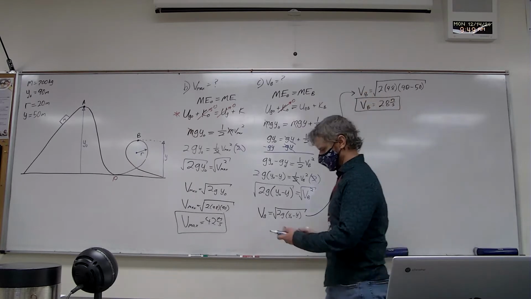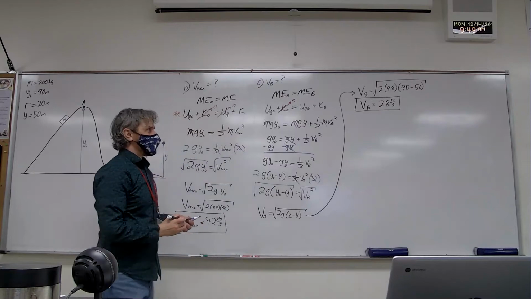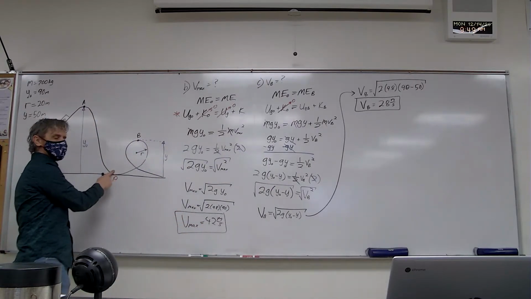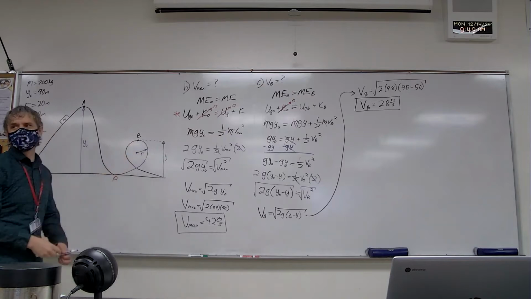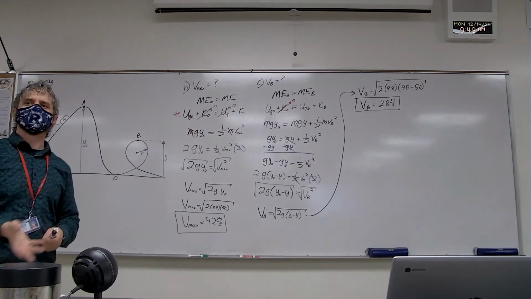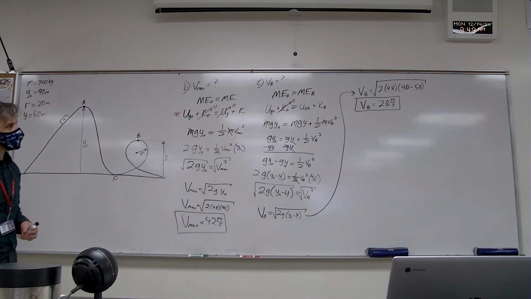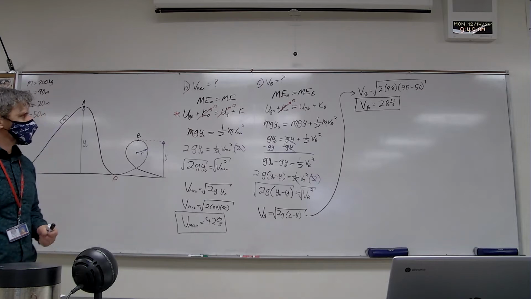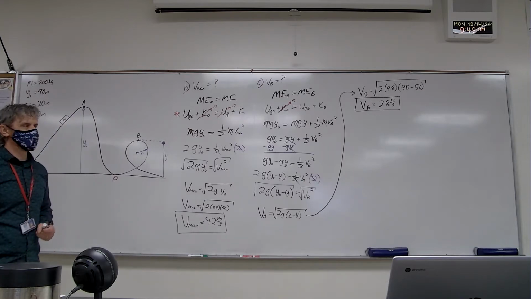And that should make sense. We're moving slower now than we were at the bottom. We're moving at 42 meters per second there, and 28 meters per second here, because we lost some of our kinetic energy at the expense of gravitational potential energy, so we had to slow down on the way up. Sound good?